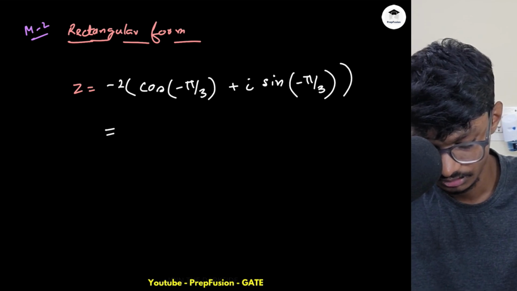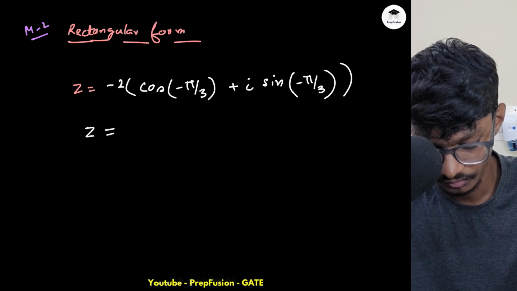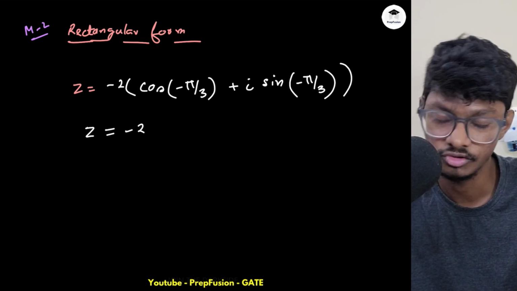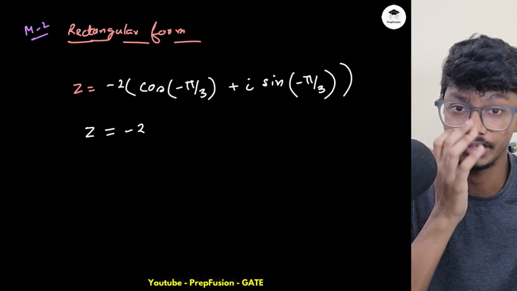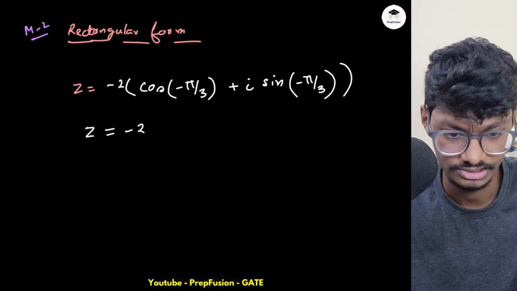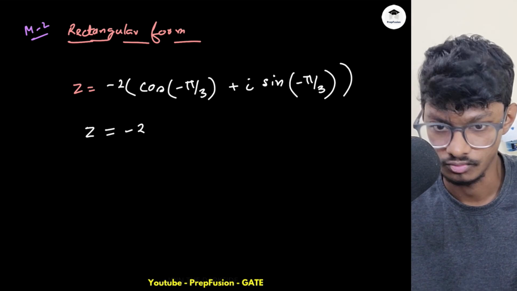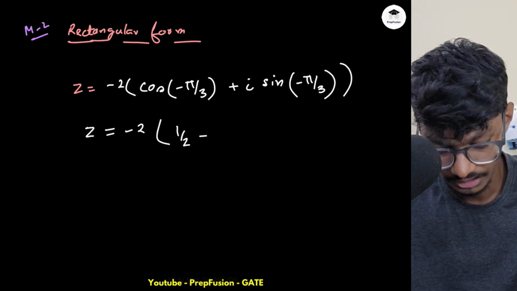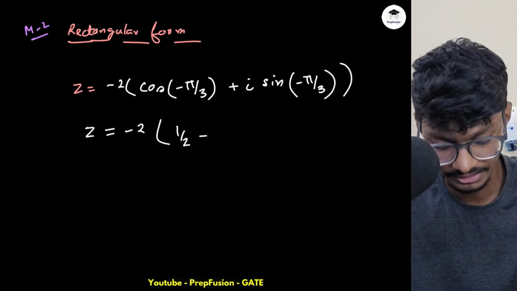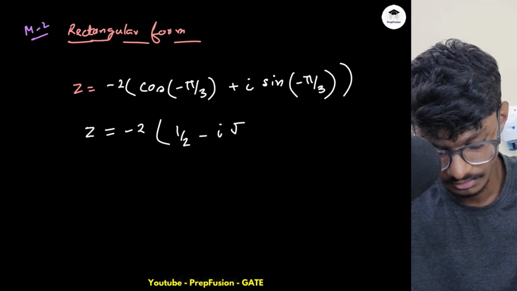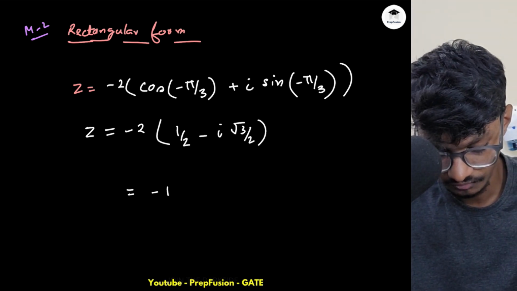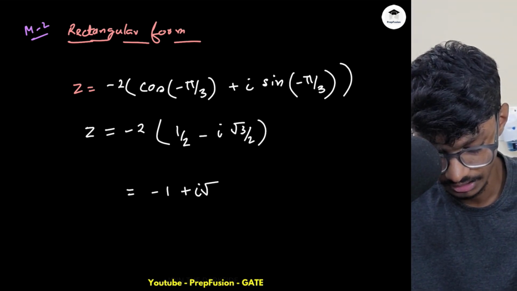What is cos of minus pi by 3? It is cos of pi by 3, which equals 1 by 2. And sine of minus pi by 3 will be minus i root 3 by 2. So this will simply be minus of 1 plus i root 3.